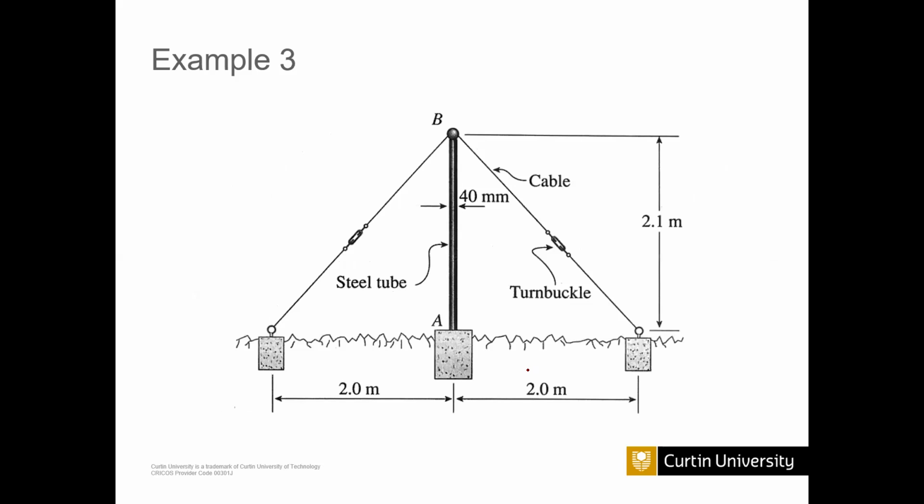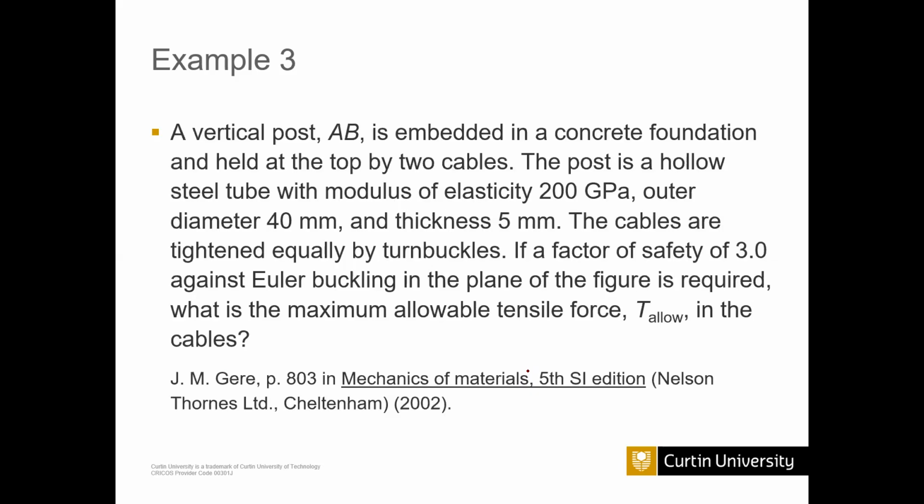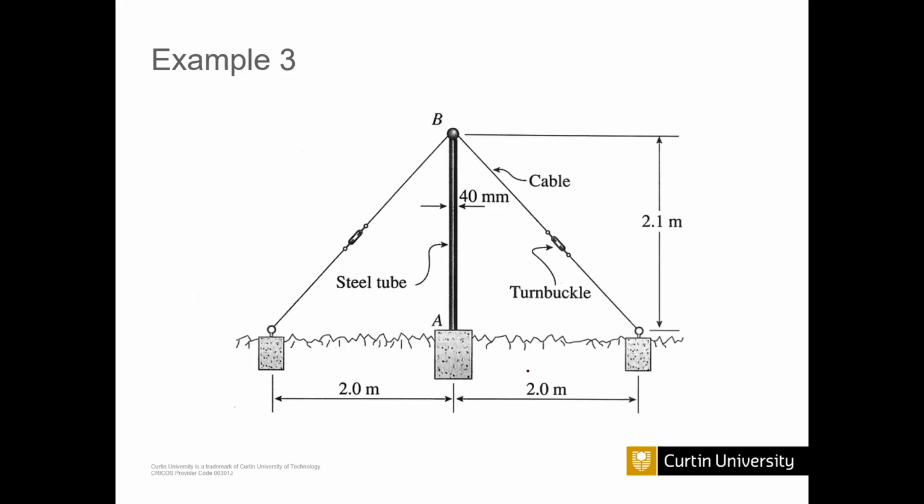In this question also, I'm not going to read, I will just tell you. So you can see in here a post, and it will balance with this cable, and there are turnbuckles. You will see this with electricity power transmission, so that post also balances with this kind of cable.